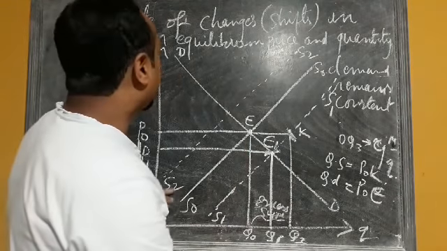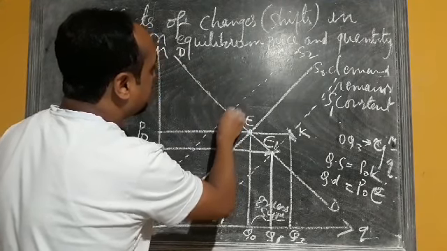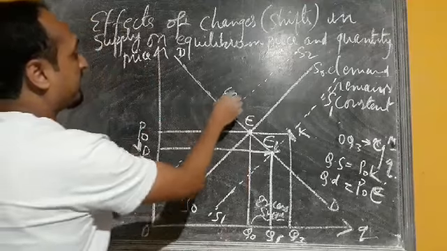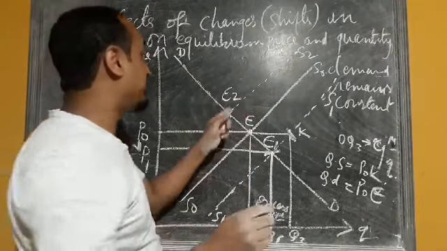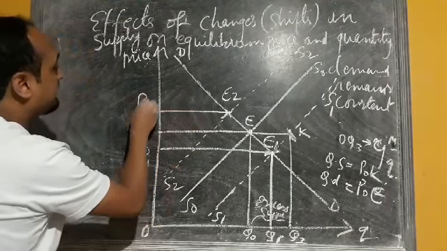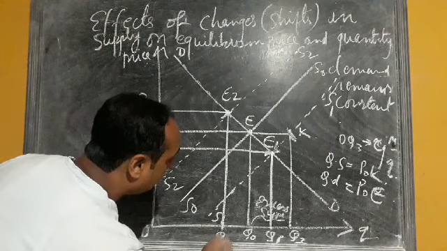Now this new supply curve and demand curve are intersecting at point, suppose say E2. So at equilibrium point E2 we have new equilibrium price, suppose say P2, and equilibrium quantity we have Q2.